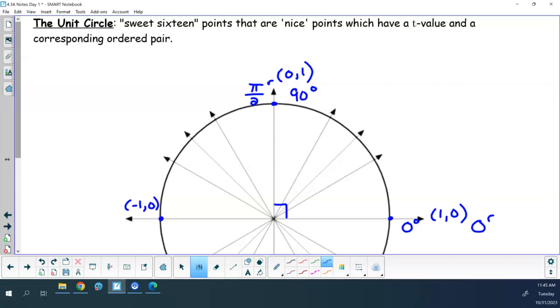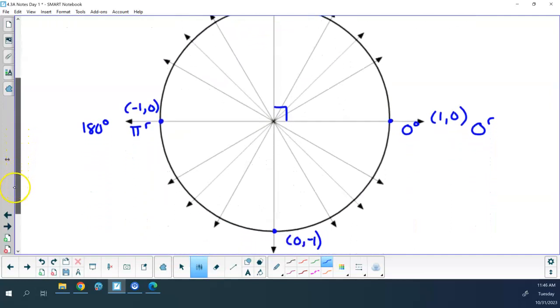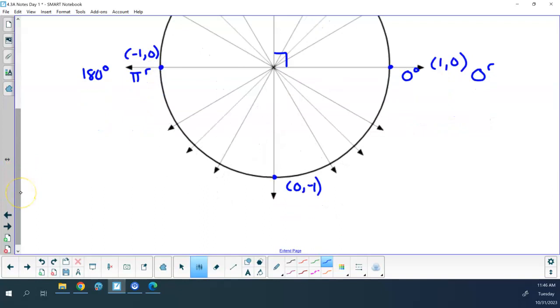I go another 90 degrees, and now I'm at 180 degrees, or pi radians. I go another 90 degrees, and I'm at 270 degrees, or 3 pi over 2 radians. I go another 90 degrees, and I'm back to where I started, which is also 360 degrees, or 2 pi radians.